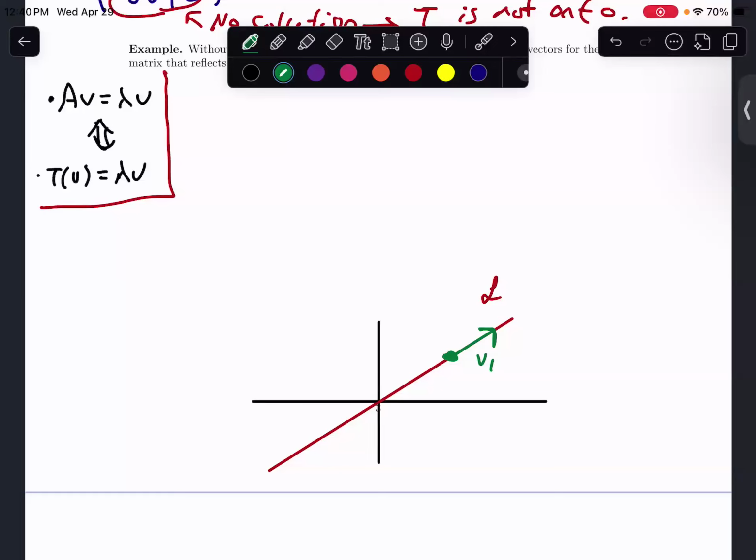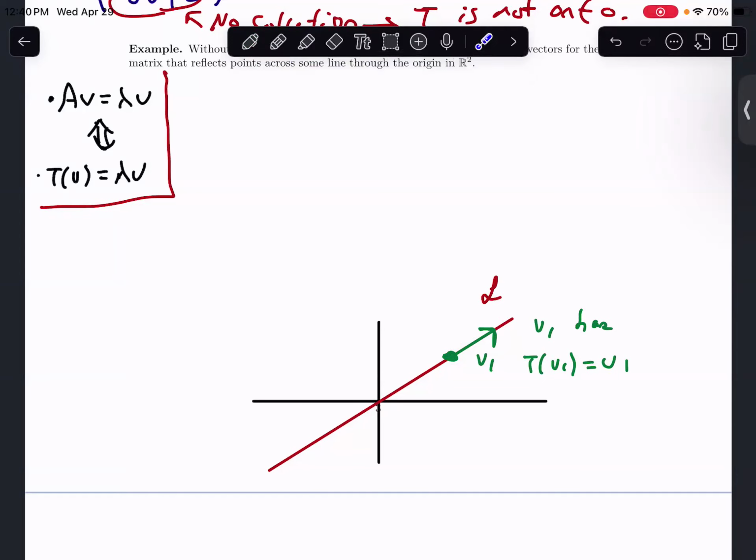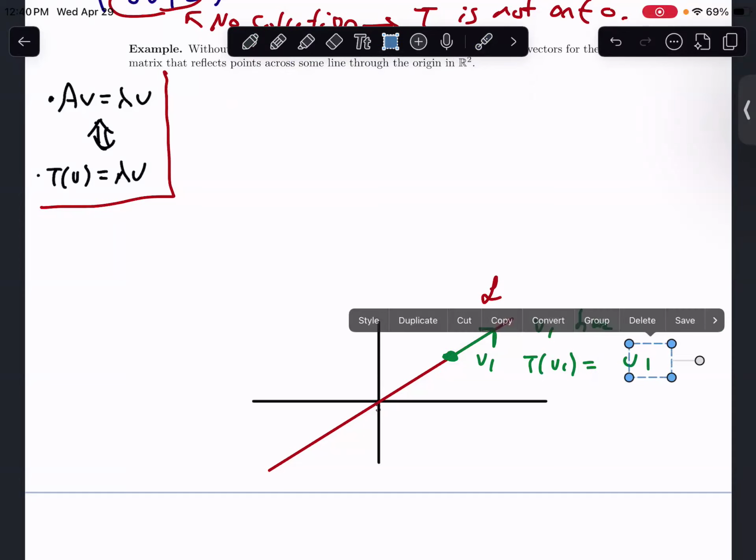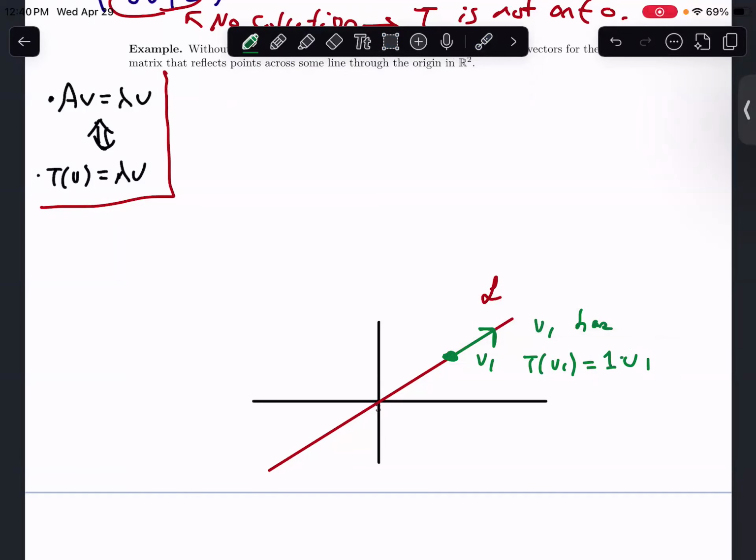So T of V1 ends up just being equal to V1 over again, because it's already on the line, so you can't reflect it across the line. This is an example of having an eigenvector, and the eigenvalue itself is just equal to 1, because this is equivalent to having 1 times V1. So this implies that we have an eigenvalue given by 1.